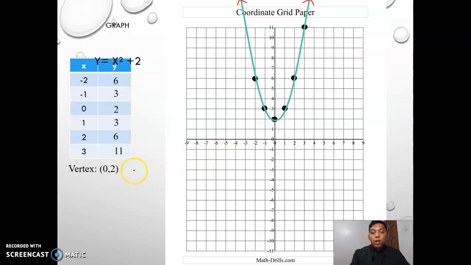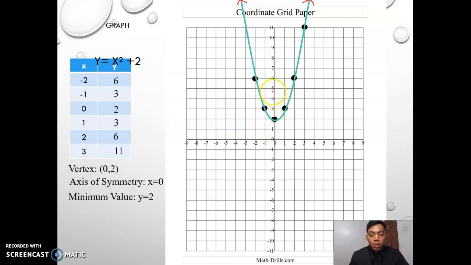By the way, the vertex in this quadratic function is, you notice, (0, 2), the lowest point, remember, which is the minimum point. Then the axis of symmetry is the y-axis, right? And then the minimum value: since we have the minimum point, this is our vertex, and at the same time it's the minimum point.